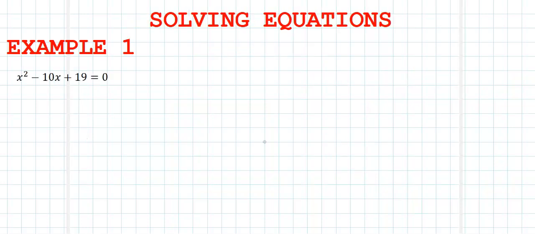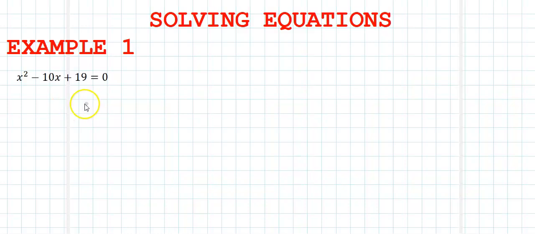Now, how can we use completing the square to solve an equation? If we have x to the second power minus 10 times x plus 19 equals 0. 19 is a prime number, so the only factors of 19 are 1 and 19.